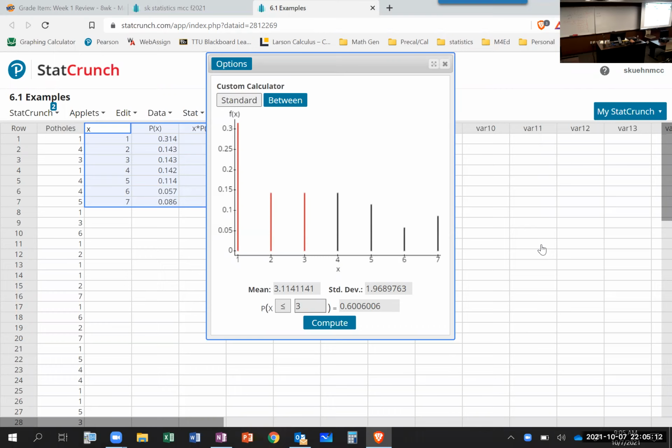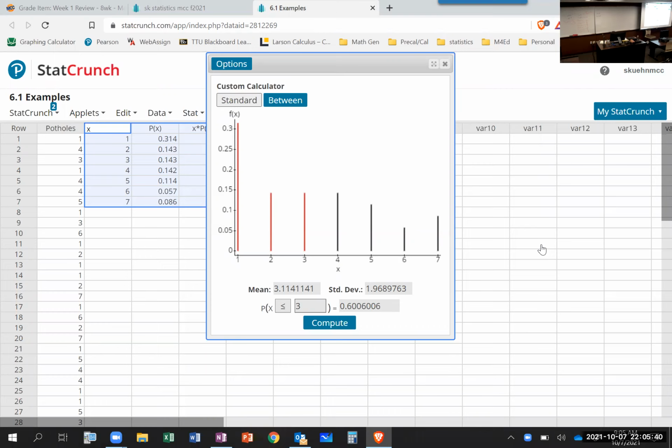Now you're going to go to Stat, custom calculator, scroll to the bottom. The variable was in pothole 2. The weights are in relative frequency level. Hit compute. Go.